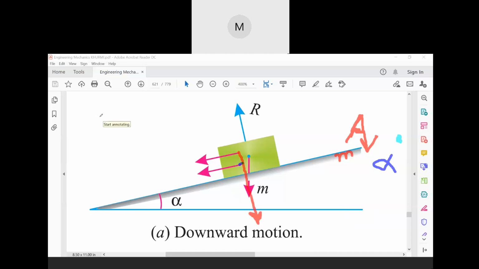For acceleration, we can consider it as g, which is acceleration due to gravity. Yes or no? Yes, sir. So if we consider this g, then it will be mg here. This portion will be mg, right? Now this angle is alpha. So what will be this one?